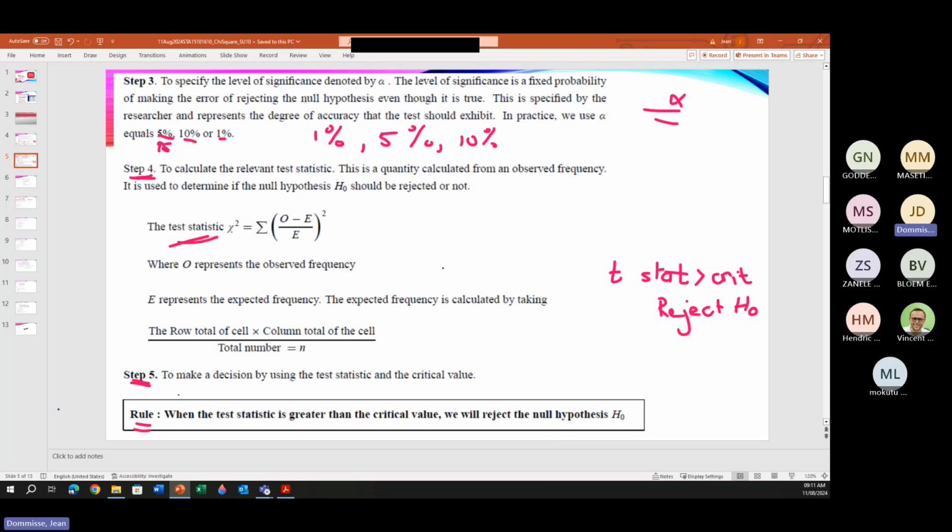I think this one is one that you can just write down somewhere when you start with chi-square, because then you don't need to think, or where they want to try to catch you out sometimes. So if t-stat is bigger than critical value, you reject the null hypothesis.